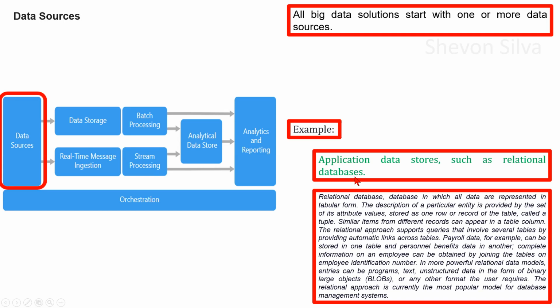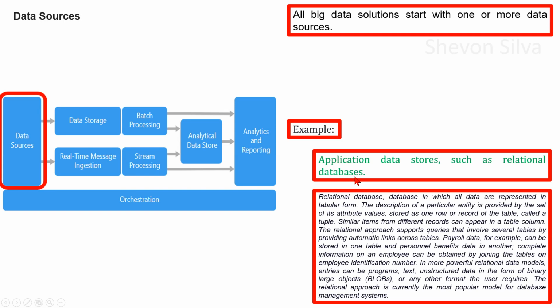The description of a particular entity is provided by a set of its attribute values stored as one row or record of the table called a tuple. Similar items from different records can appear in a table column. The relational approach supports queries that involve several tables by providing automatic links across tables.